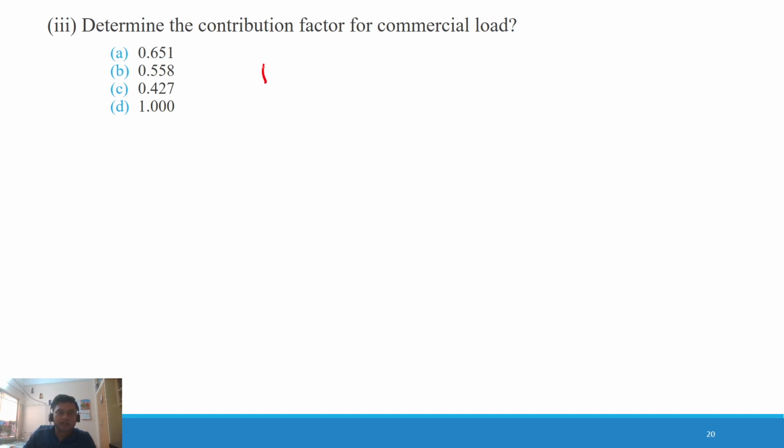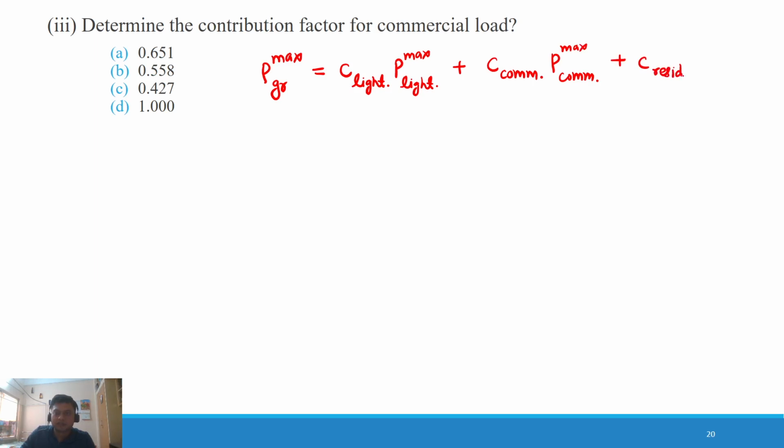So we know the formula that aggregate or group maximum demand will be the contribution factor for each class, like here, contribution factor for lighting load times peak lighting power demand, plus contribution factor of commercial load times peak demand for this commercial load, plus contribution factor for this residential load times peak demand for this residential load.